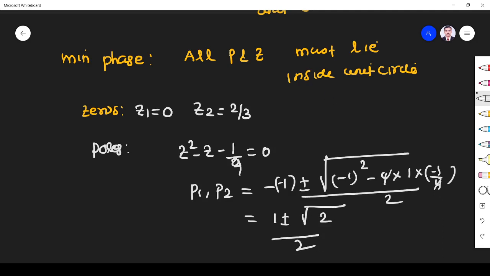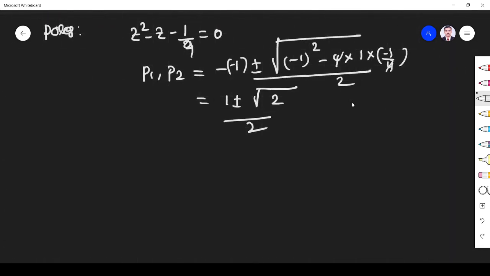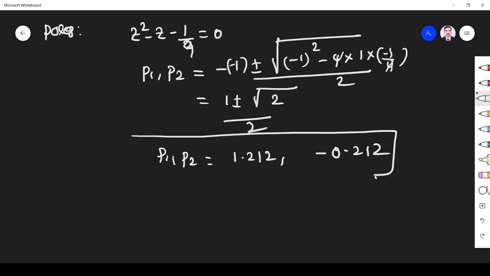So it is 1 plus or minus square root of 2, by 2. So it is 1 plus 1.414. So we have two poles. 1 plus 1.414, 2.414 divided by 2, 1.212. 1 minus 1.414, that is minus 0.414, divided by 2, minus 0.212. Right? These are the 2 poles.